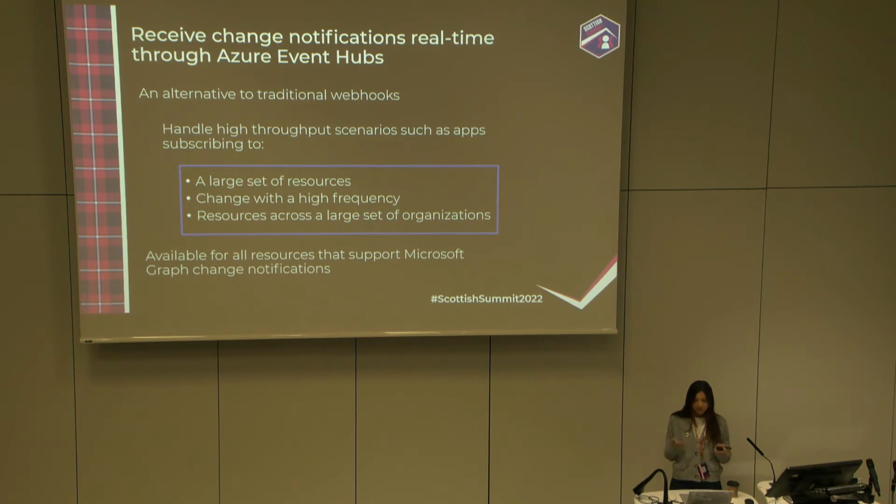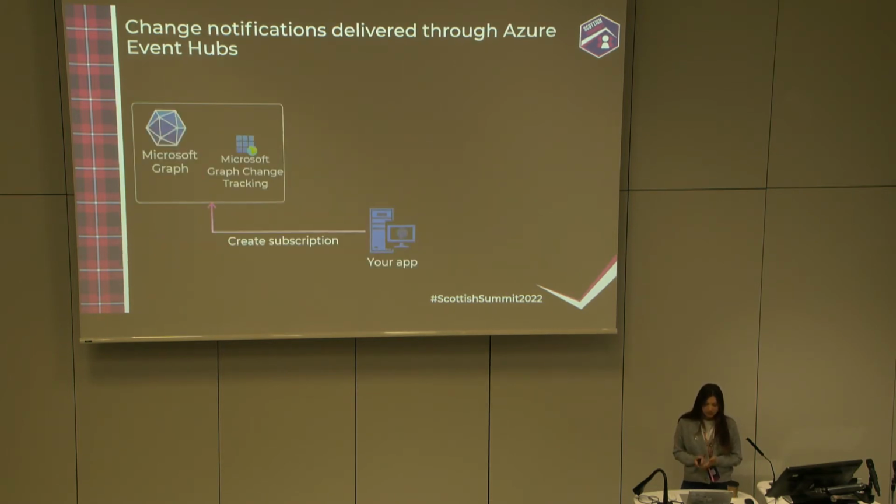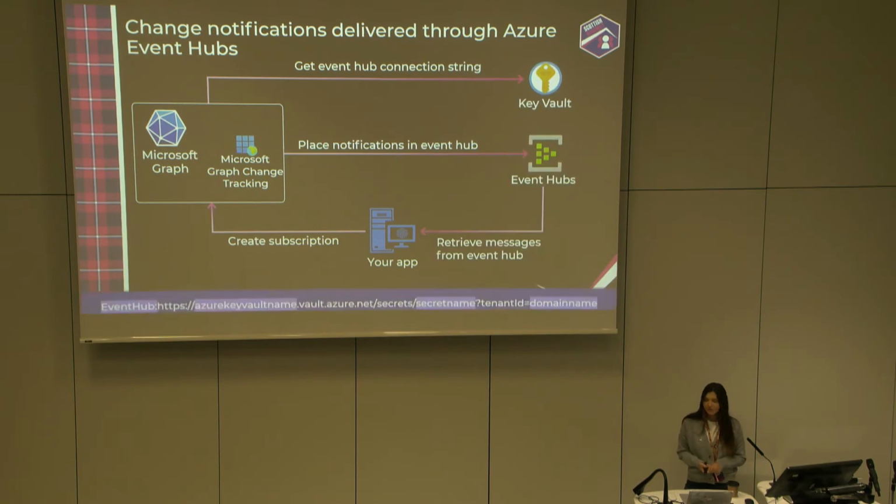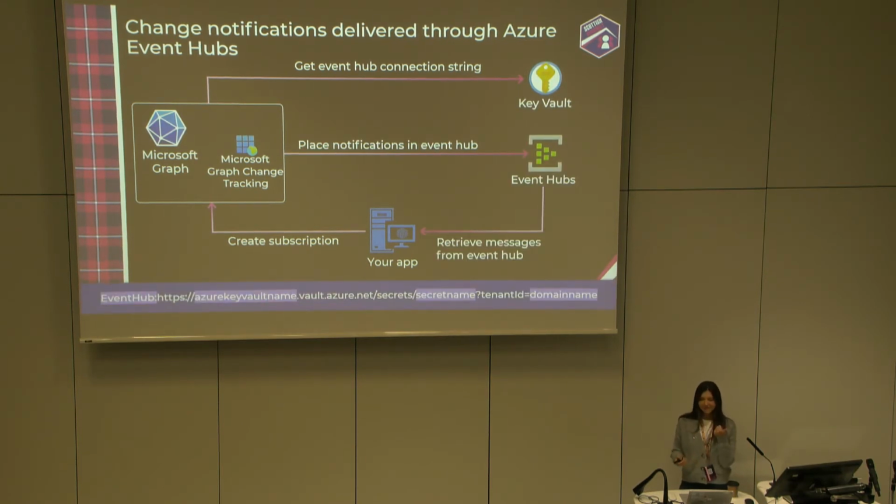And this feature is available for all of the resources which are available for the traditional webhook as well. So all of the data sets which already had the change notification service have the same experience with Event Hubs too. The easiest way to build this experience is, first, of course, create Event Hubs on Azure, and then you have to create a key vault as well.